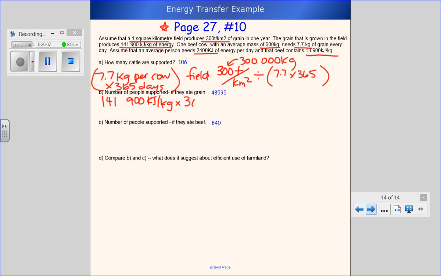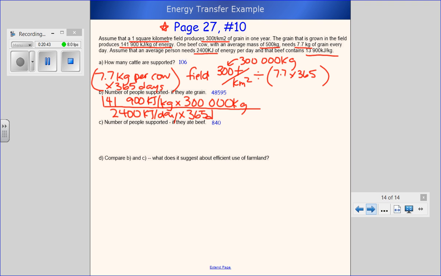There are 300,000 kilograms of grain in a year, and we're going to divide that by the number of kilojoules a person needs a day and the number of days in a year. Now, if we do that, that's how we arrive at the 48,595. So an entire city could survive off of this if what they ate was grain.